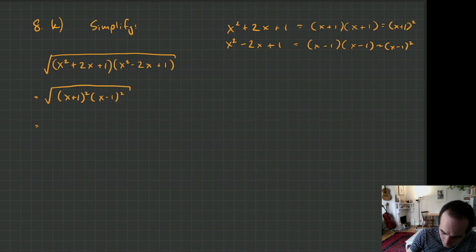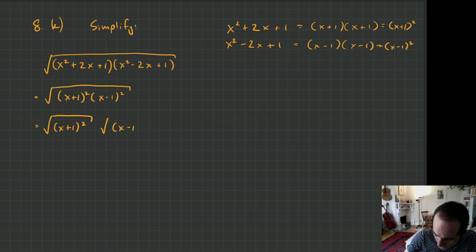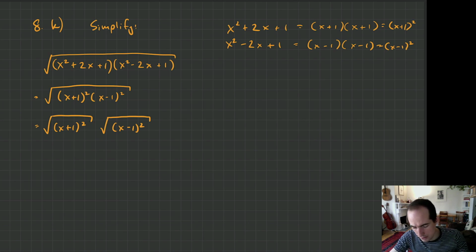I'll just split up the radicals. So I've got the square root of x plus 1 squared times the square root of x minus 1 squared. This is a perfect example where we're going to have to use absolute values. Keep in mind that there's really no restriction on x here, right?